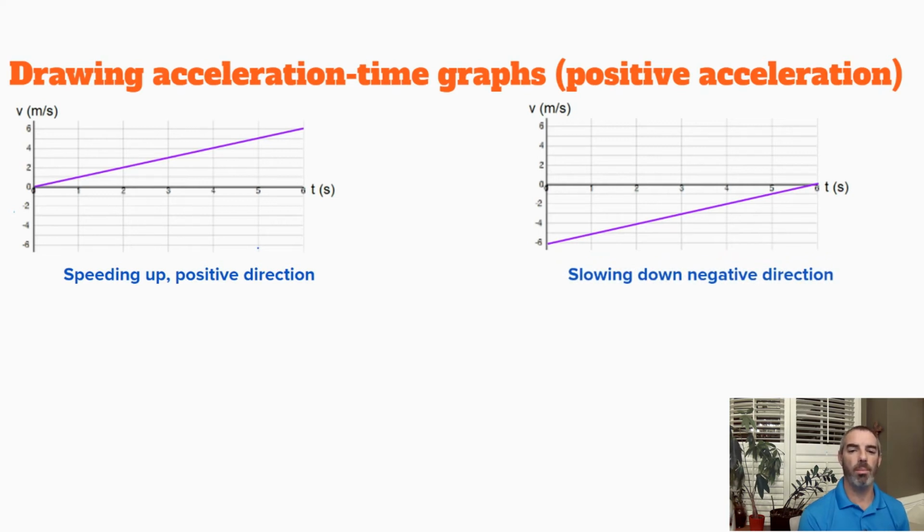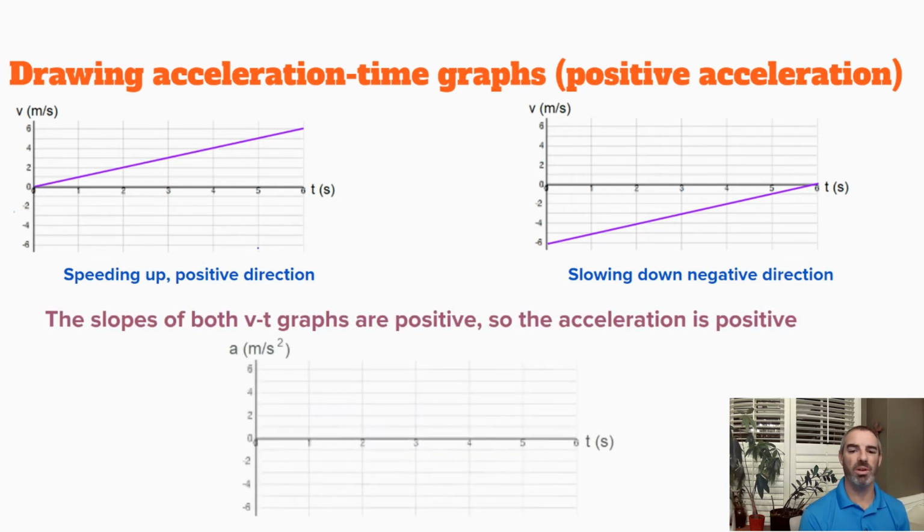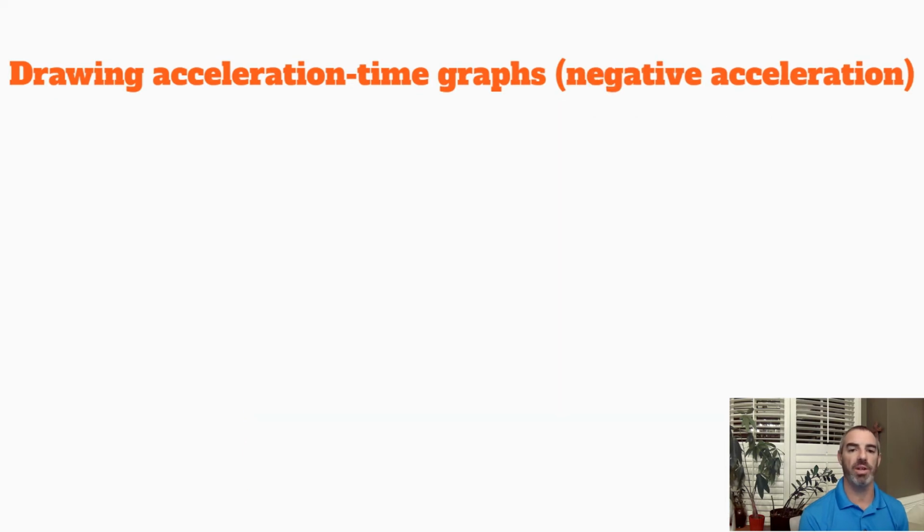If we look at both of those lines, both of them have positive slopes. With the slopes being positive, that means the acceleration is also positive. So when we draw the graph, we're going to have a horizontal line because the slope doesn't change for our velocity time graphs, and it's a horizontal line on the positive side of the time axis because the acceleration is positive.